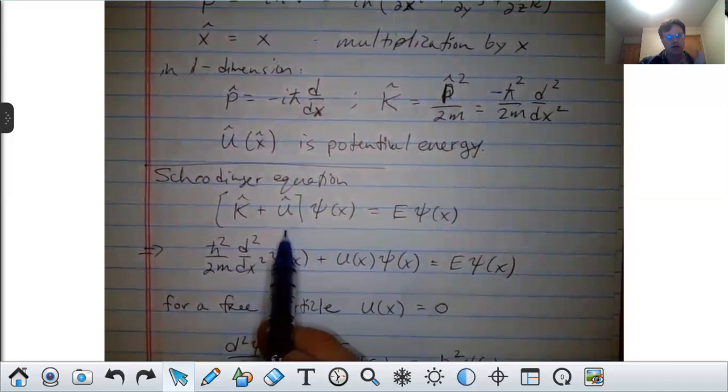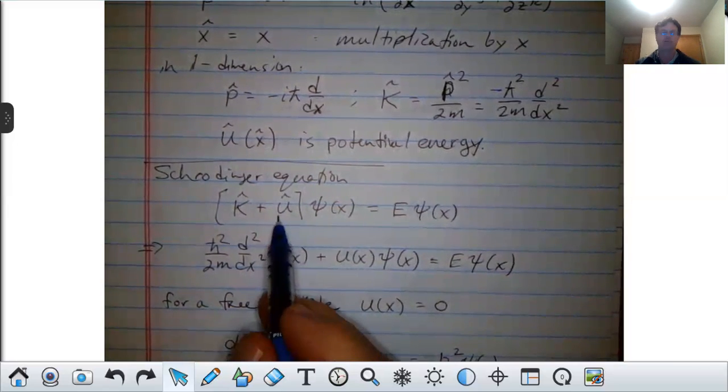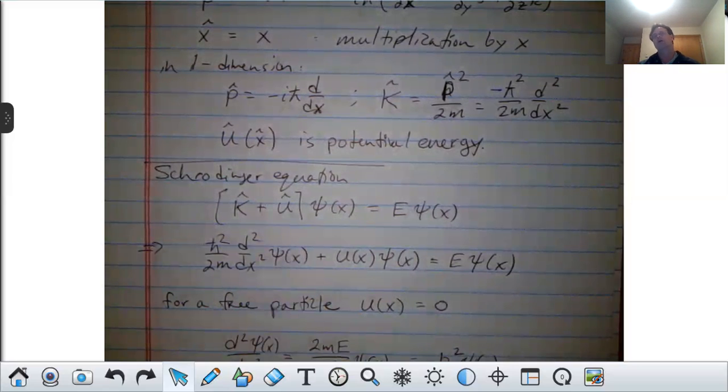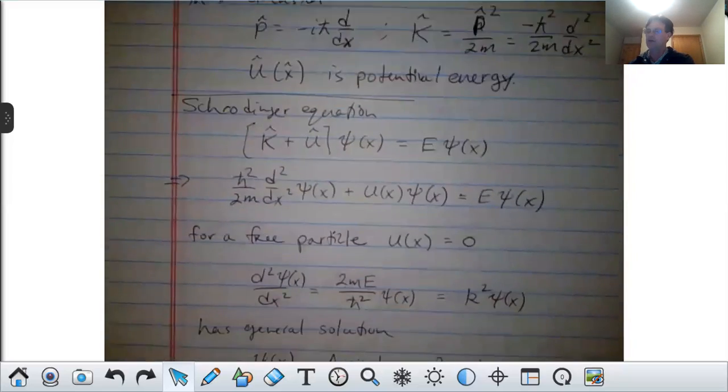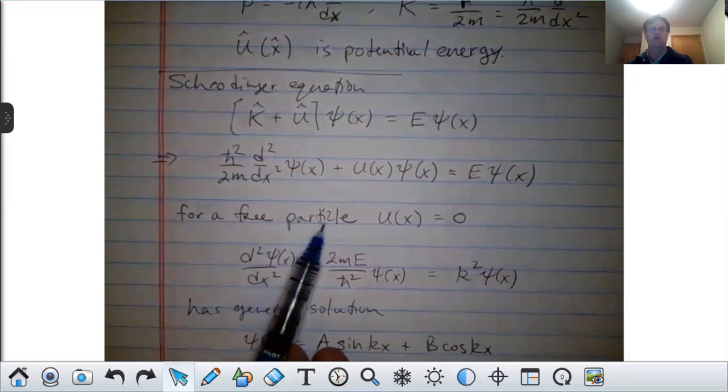Potential energy is where the different problems come in. If you dealt with an electron on a spring, for example, this would be 1/2 kx squared. But what we're going to do here is we're going to look at the same problem we just considered, the infinite square well.